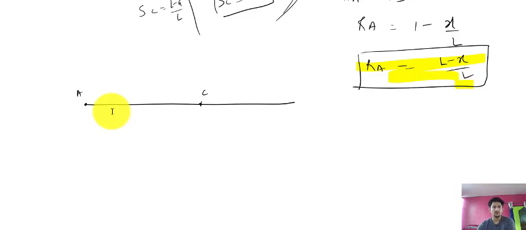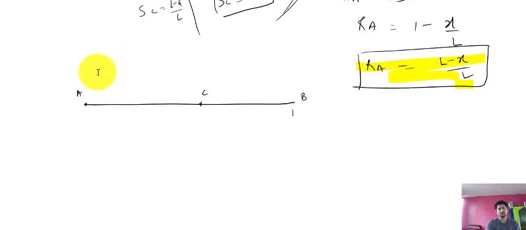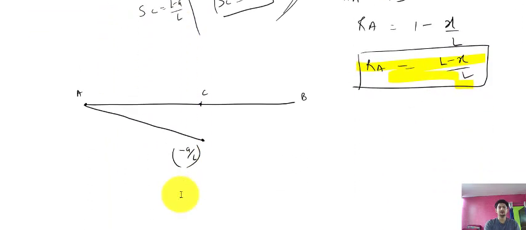Now at C point, the shear force will be minus A upon L when the unit load is in span AC. So minus A upon L means here, minus A upon L. Minus means downwards. Now from C point, see the second term: when the unit load is in span CB, the shear force will be L minus A upon L, that is positive, and it will be somewhere here.